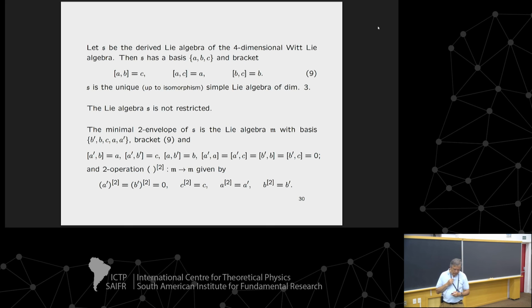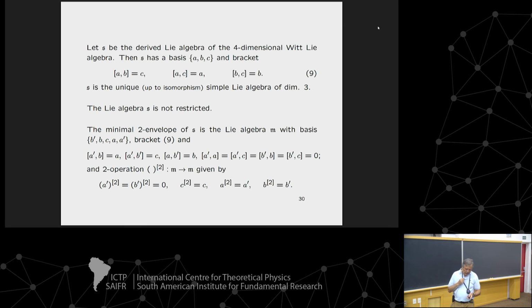Now, this Lie algebra is not restricted, so there is no power map from S. But when you have a Lie algebra which is not restricted, you make it restricted by brute force, and this is called the minimal 2-envelope. So the minimal 2-envelope of S is the Lie algebra M, which has a basis A, B, C as before, but you add B prime and A prime.